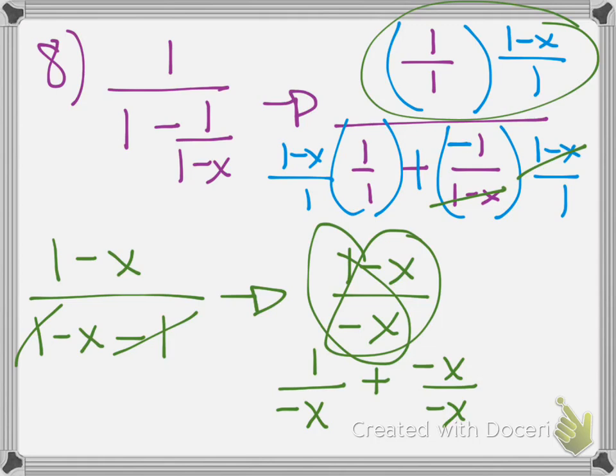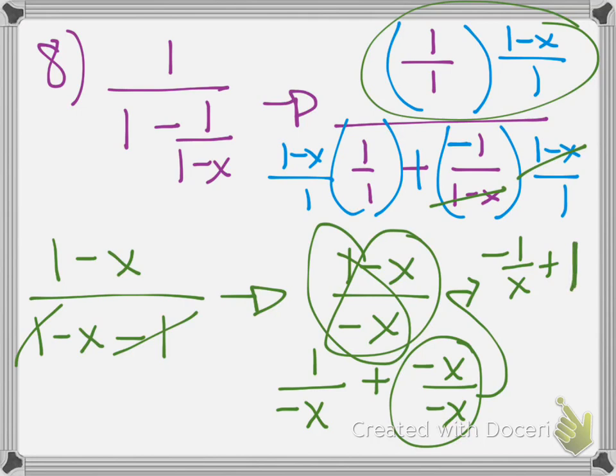Then negative x over negative x is just a positive 1, so I have plus 1. If you notice, letter A has the negative 1 over x and the positive 1, just written in a different order than we have. Therefore the answer choice here is letter A.